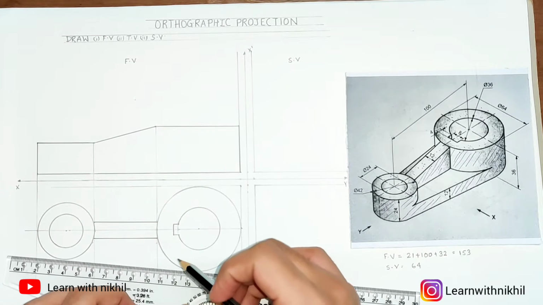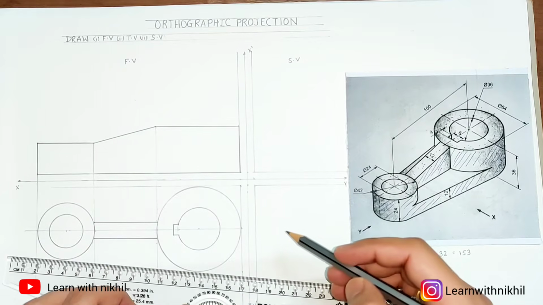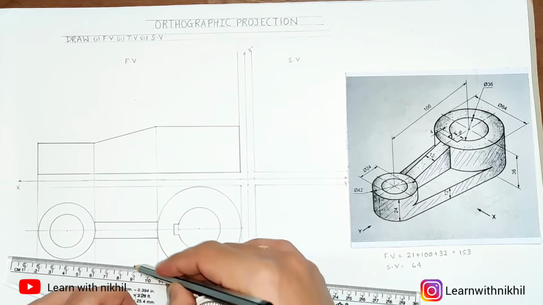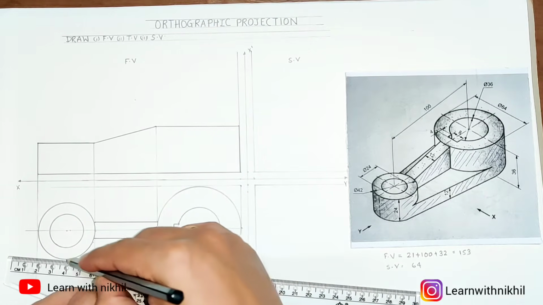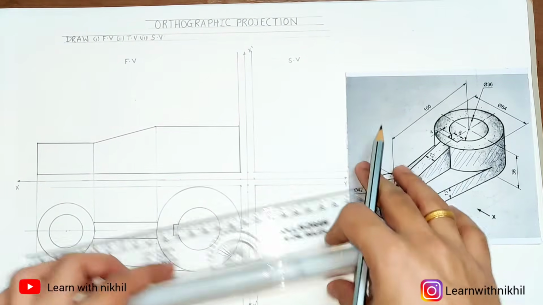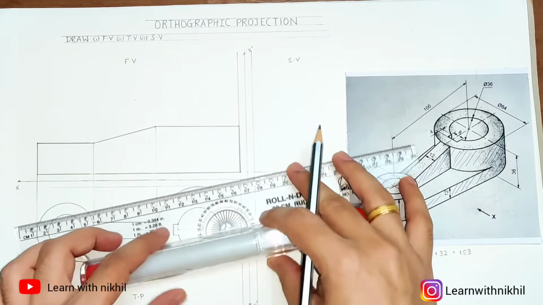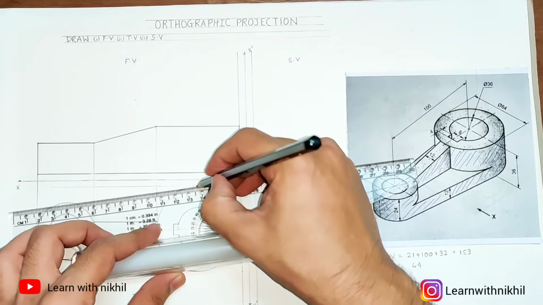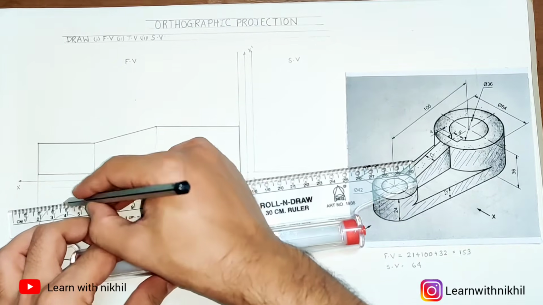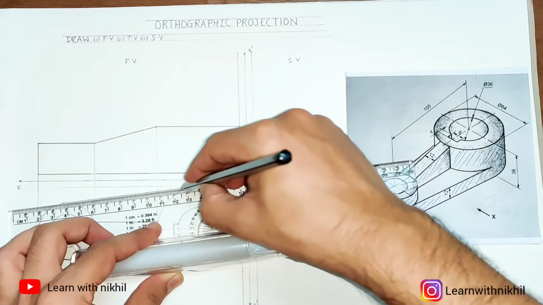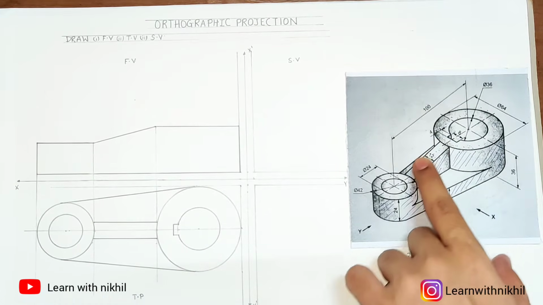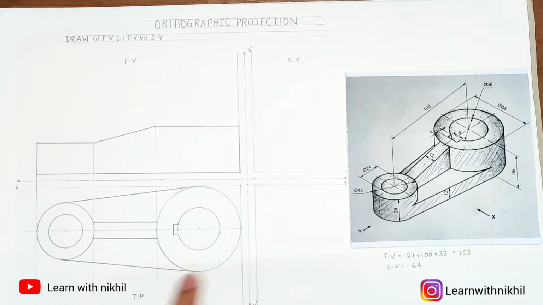See how I am aligning the scale as it is just touching the circle, and after that draw a straight line joining these two circles. So it is like a tangent to both these circles. Doing it on the other side as well. So the slant line is on both the sides.